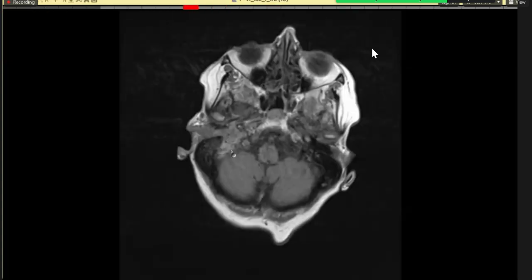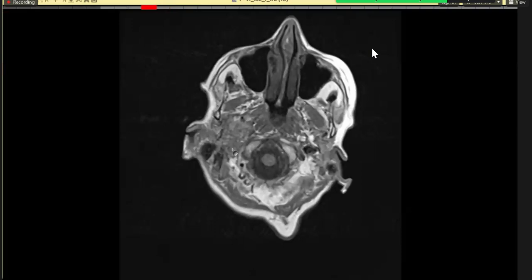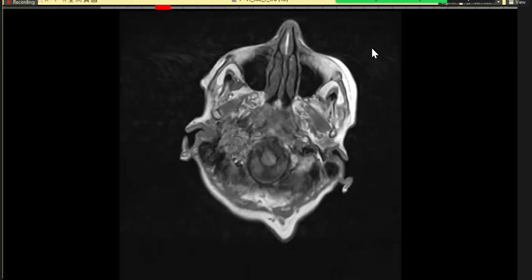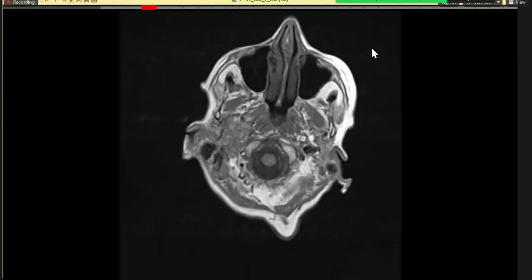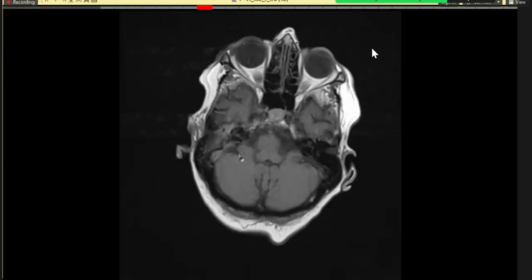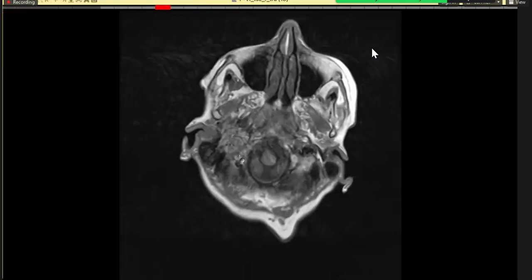Here I can see again the soft tissue mass, which is predominantly hyper to isointense on the T1 and giving some flow void appearances. These are characteristic of salt and pepper appearances, which are seen in glomus jugulare.